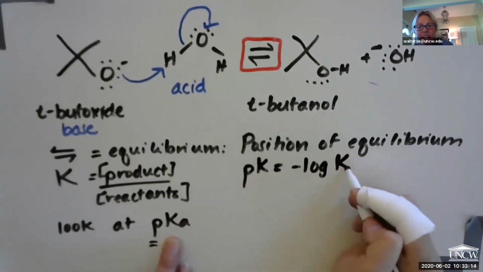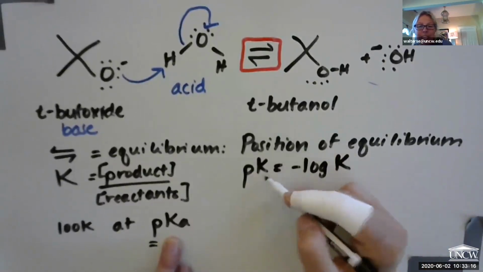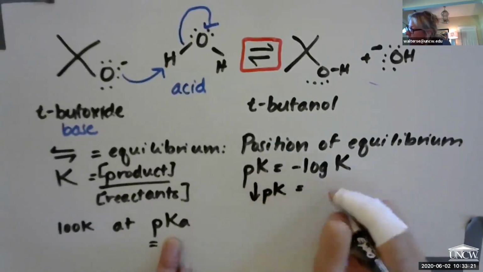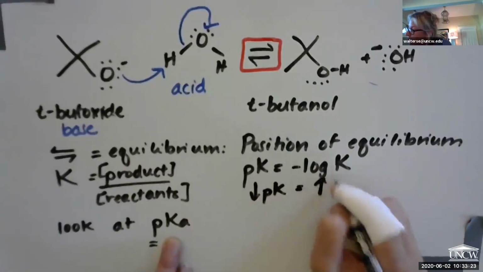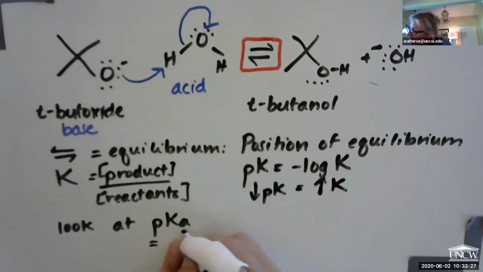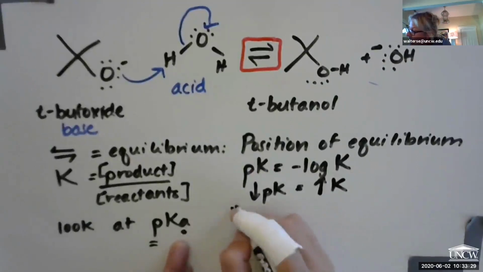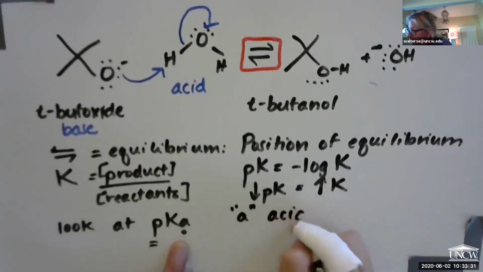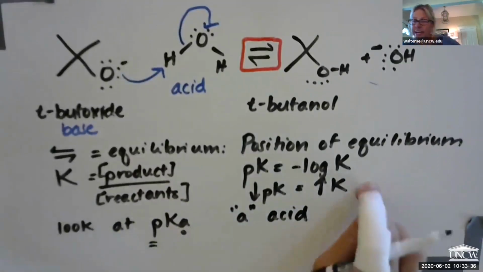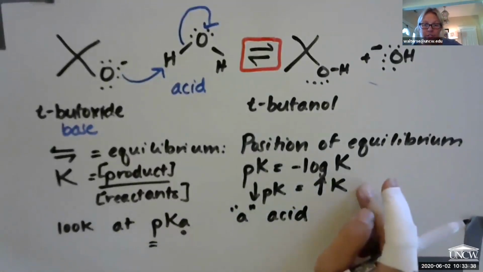So the bigger K is, the smaller pK is. Small pK is equal to a large K. The little a here just stands for acid.